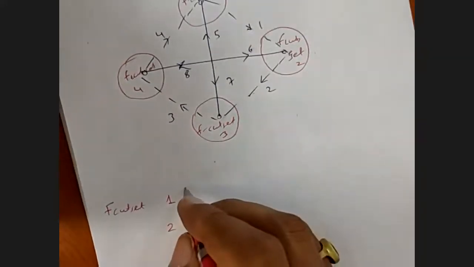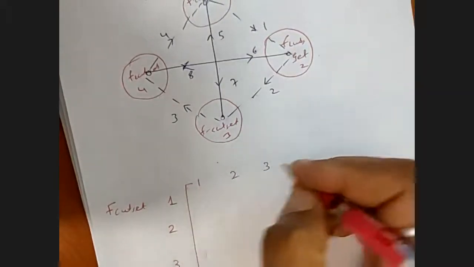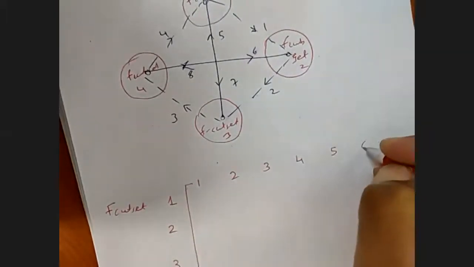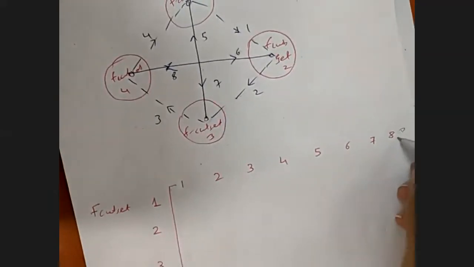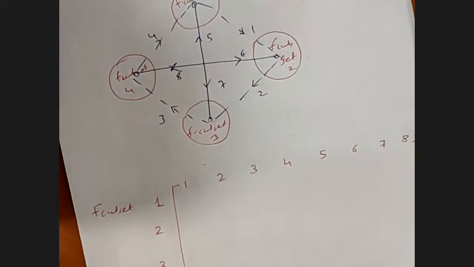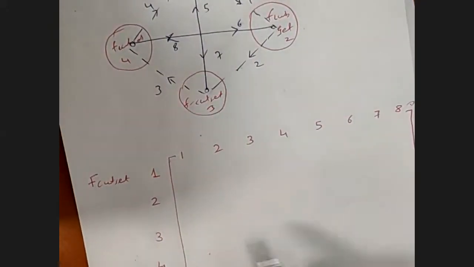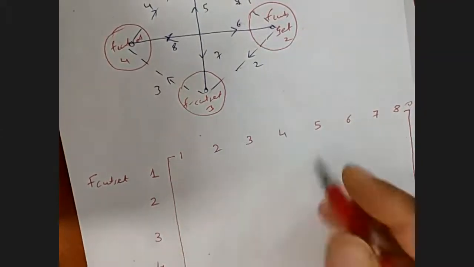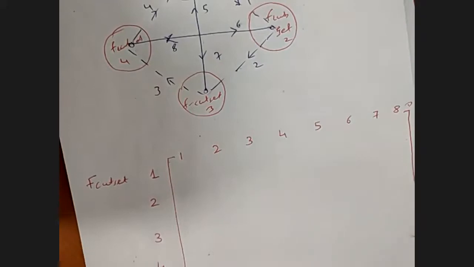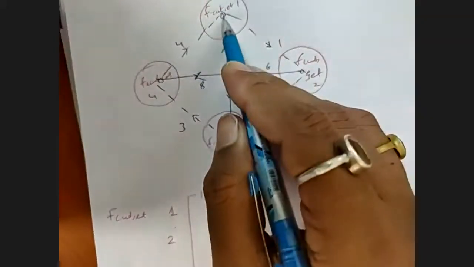So we have F cut sets 1, 2, 3, and 4. And then we have branches, that is 1, 2, 3, 4, 5, 6, 7, 8. These are your branches. So rows will be your F cut set number and columns will be your branch number. So now F cut set 1, that is this.